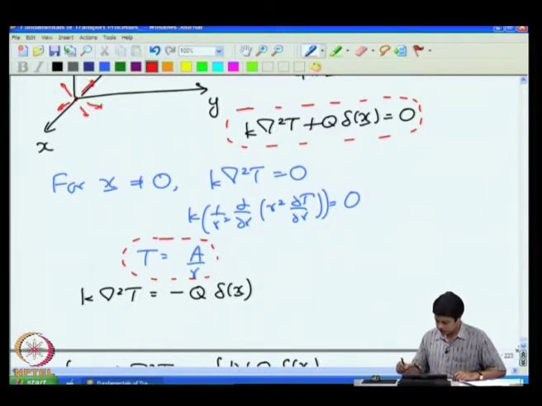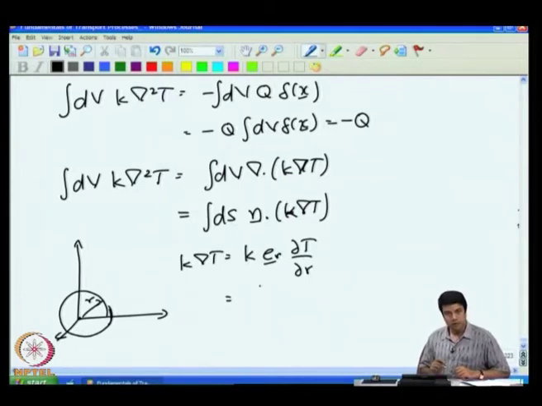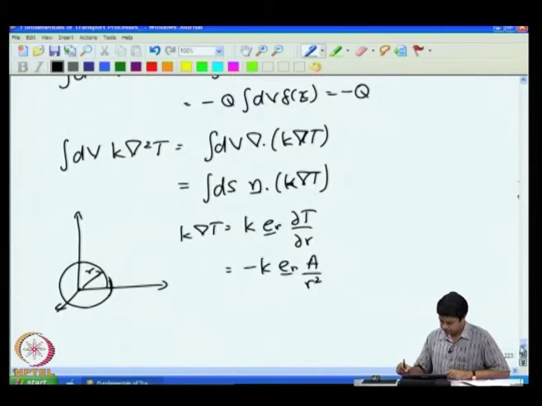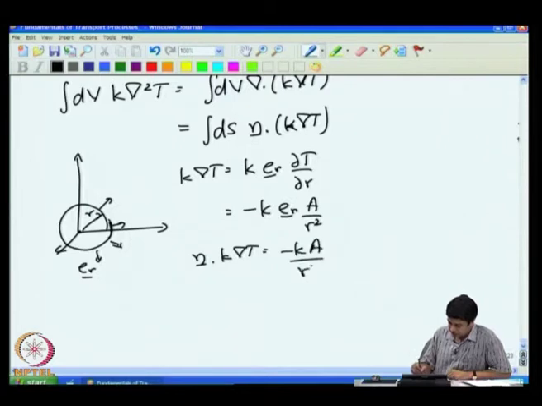Therefore, I can write K grad T as K times the unit vector in the radial direction times dT by dr, which is equal to minus K e_r A by R square. The unit normal to the surface is also in the radial direction. Therefore, n dot K grad T is equal to minus K A by R square.